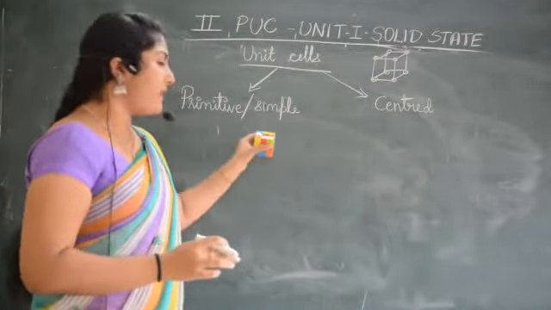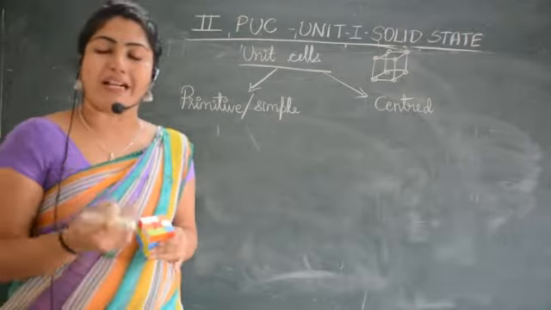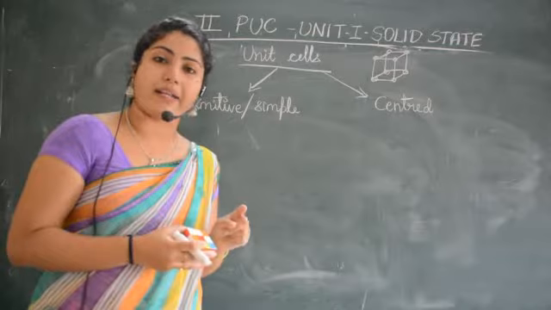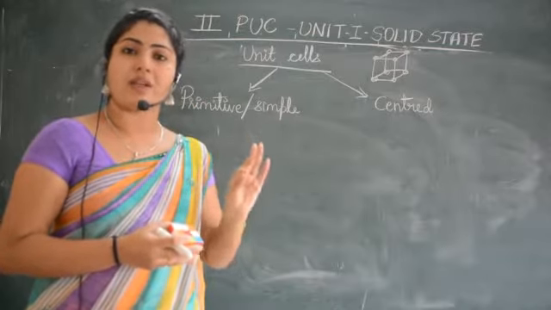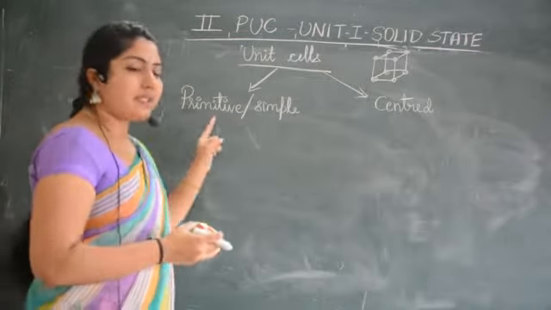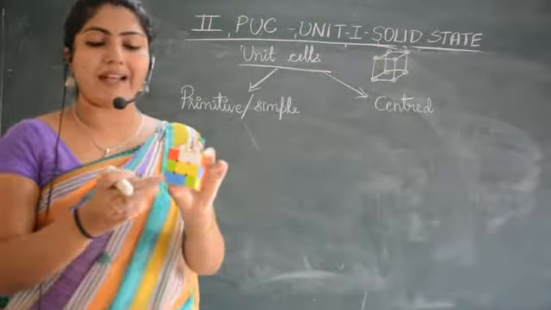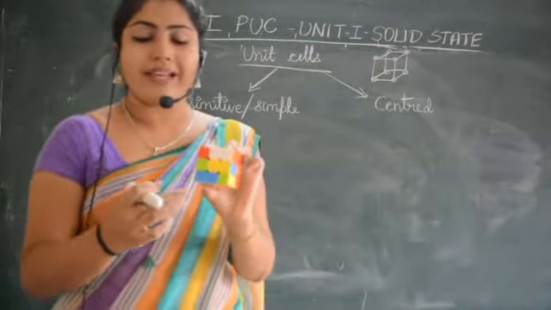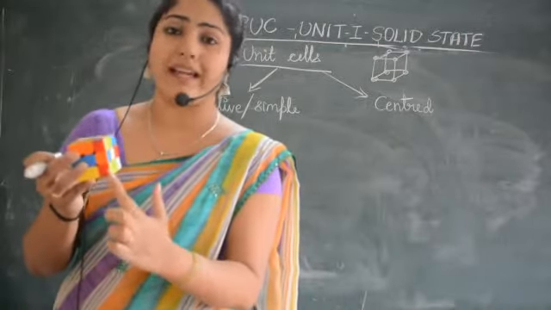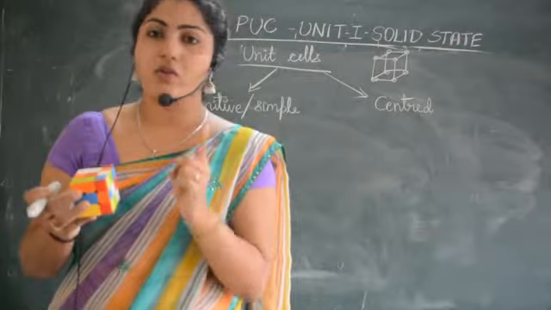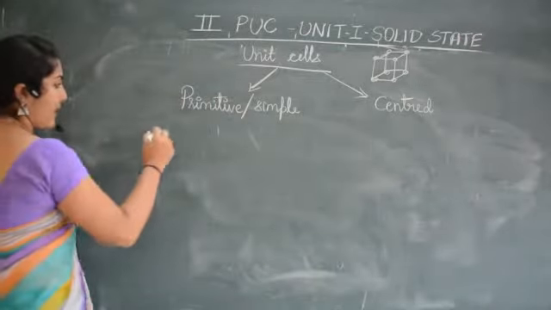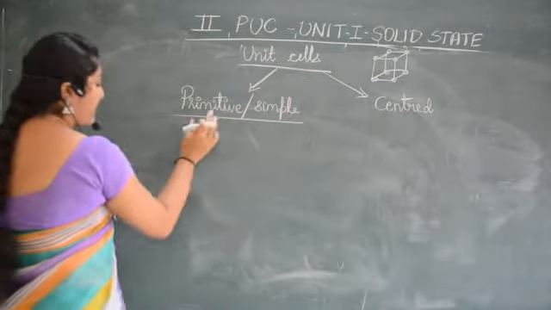I'll not mention atoms from here onwards, I'll say constituent particles, because constituent particles can be atoms, ions or molecules. If the constituent particles are arranged only at the 8 corners, then you call such a cell a simple cubic cell or simple unit cell. What is it? A primitive cell.